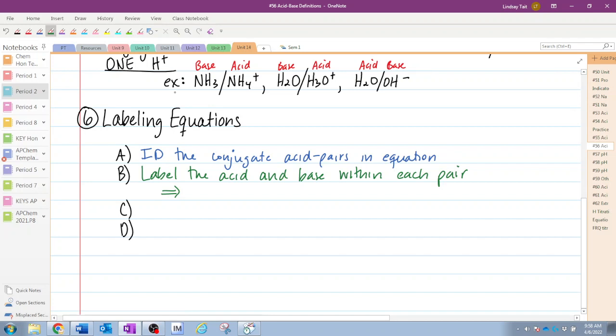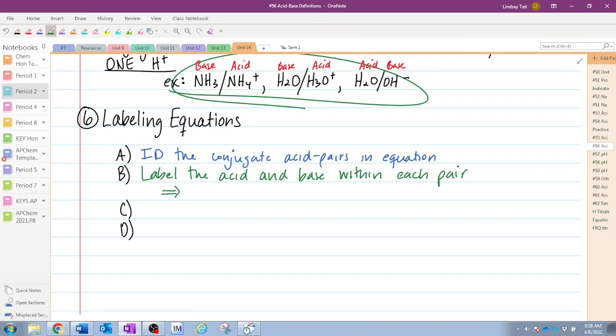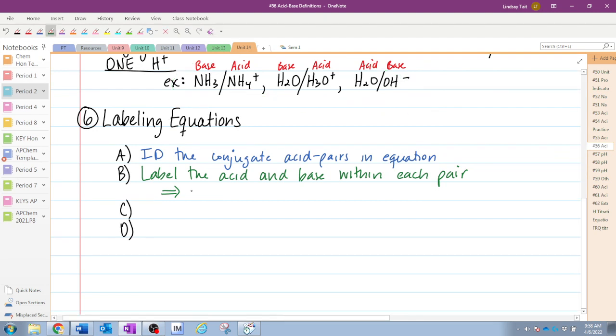How did I know up here which one was the acid? What did I look for? The one that had more hydrogens. The acid has more hydrogens than the base.